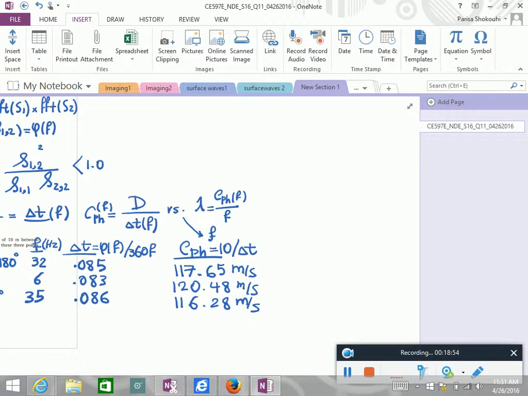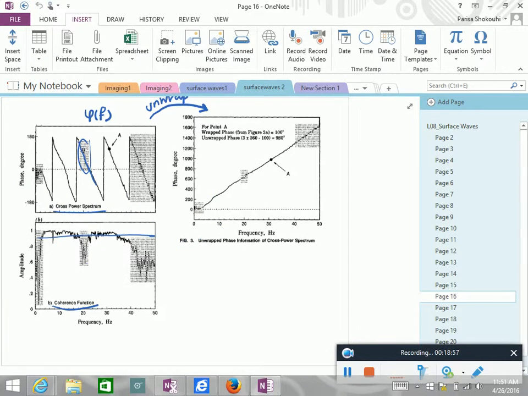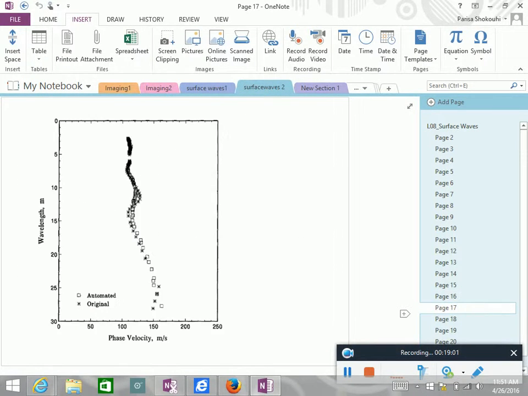I'll show you the dispersion curve. This is what they have. The phase velocity is very small. So I tried to choose a number where we get phase velocity which fits. This is from the same data. It's earth material. It's probably unbound soil, something.